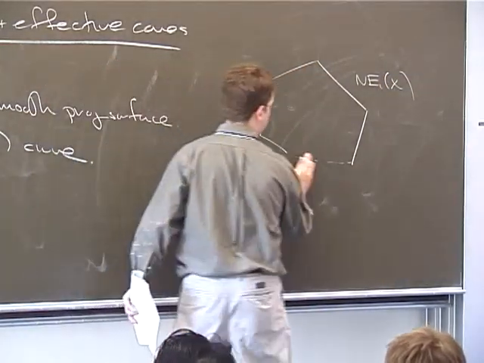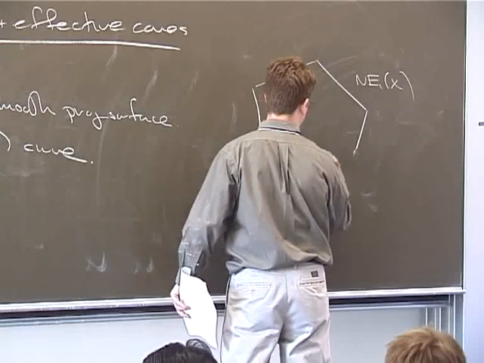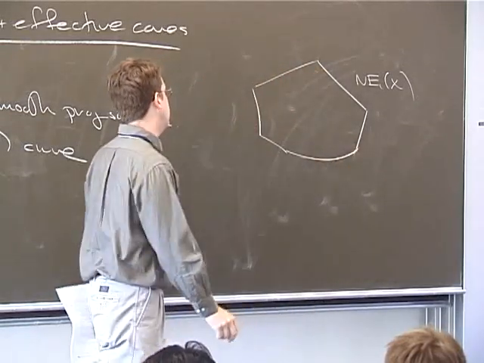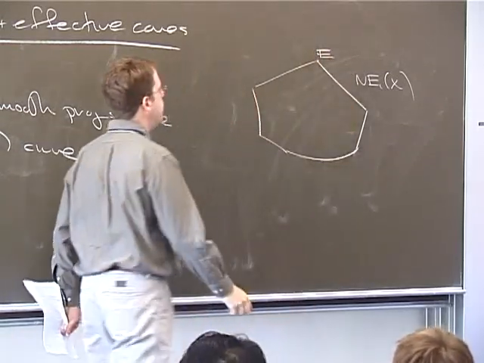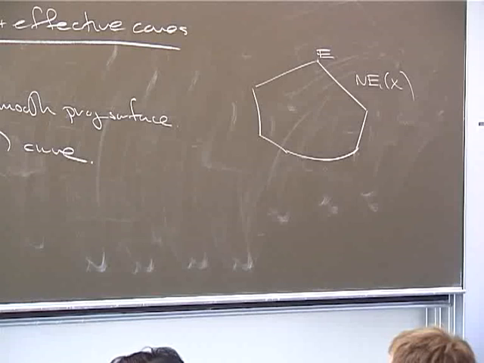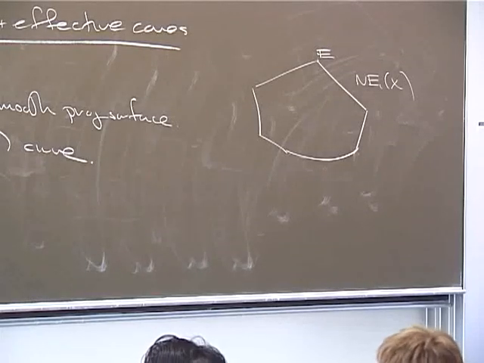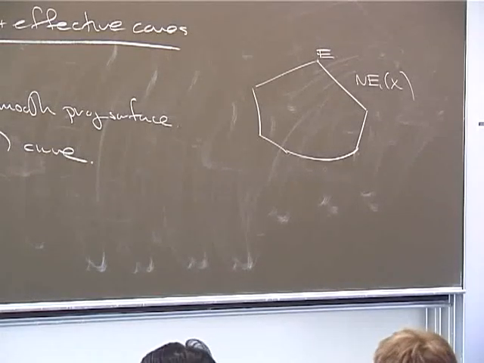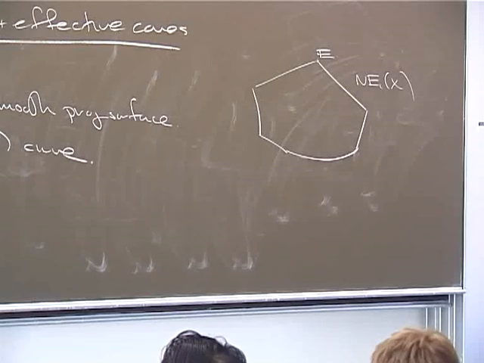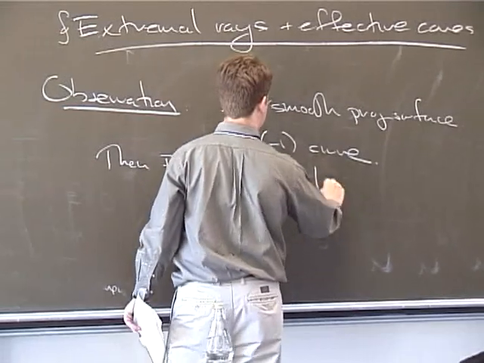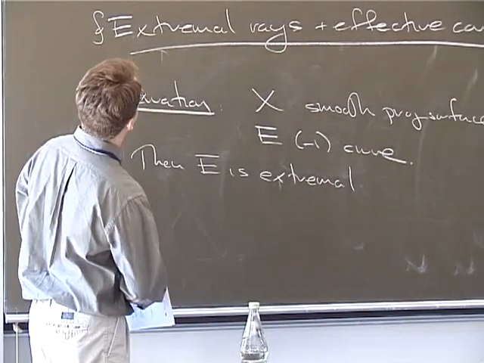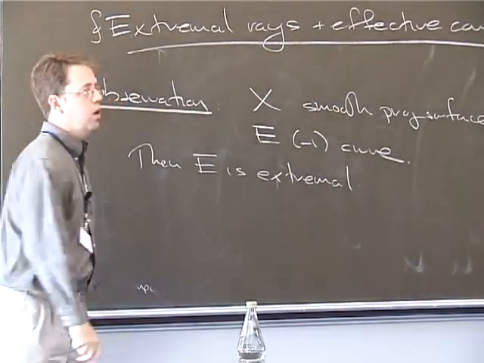Part of it might be circular. We could have a circular region over here. But the thing that you want to keep in mind is that the exceptional divisors are always going to be extremal, in the sense of convex geometry.